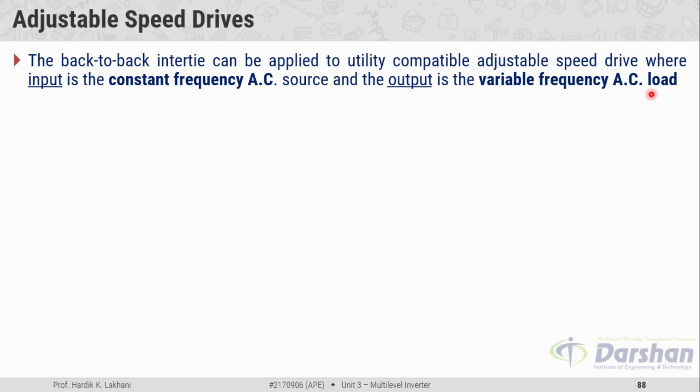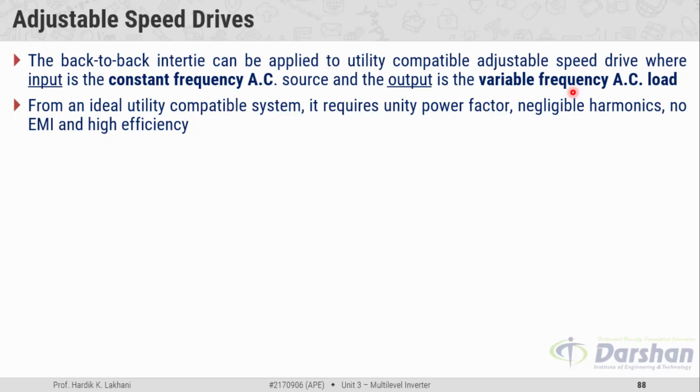So in the back-to-back, we are converting this constant frequency AC signal into zero frequency DC, and thereafter the zero frequency DC signal is converted as per the required frequency in AC. An ideal utility compatible system requires unity power factor, negligible harmonics, no EMI and high efficiency.